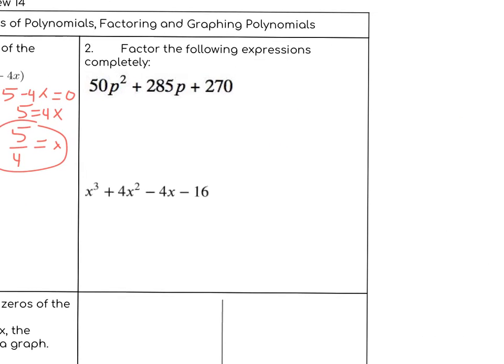Moving on, we got to do some factoring. This first guy, I can take out some stuff because this is looking not so pleasant. I'm going to start by taking out at least a 5. And when I do that, I get 10p squared. 285 divided by 5 is going to be 57.